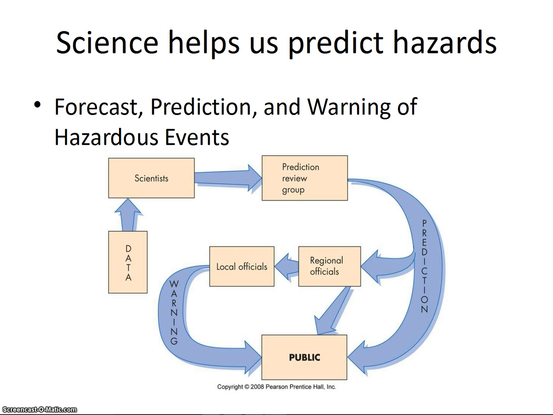A public warning should follow the path below, from data to scientists, to a prediction and forecast review group, to officials and the public, and then a warning from officials to the public. Predicting and forecasting the future is uncertain, tricky work, and there is never enough data.